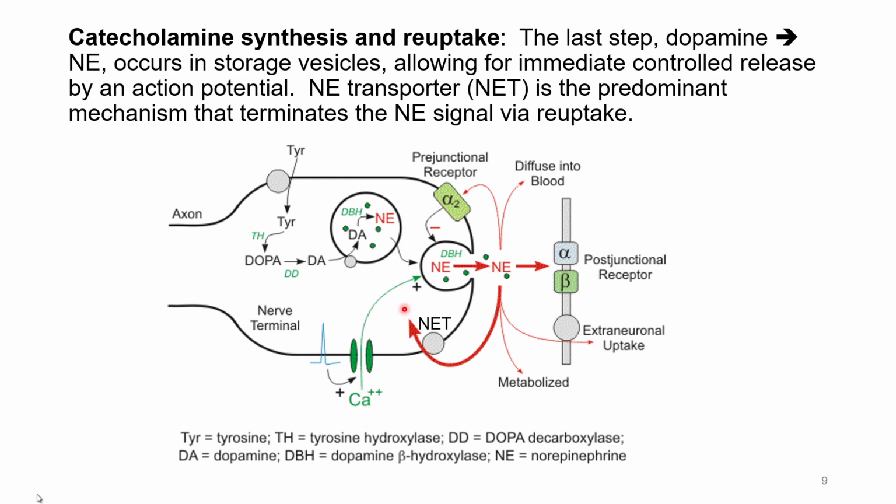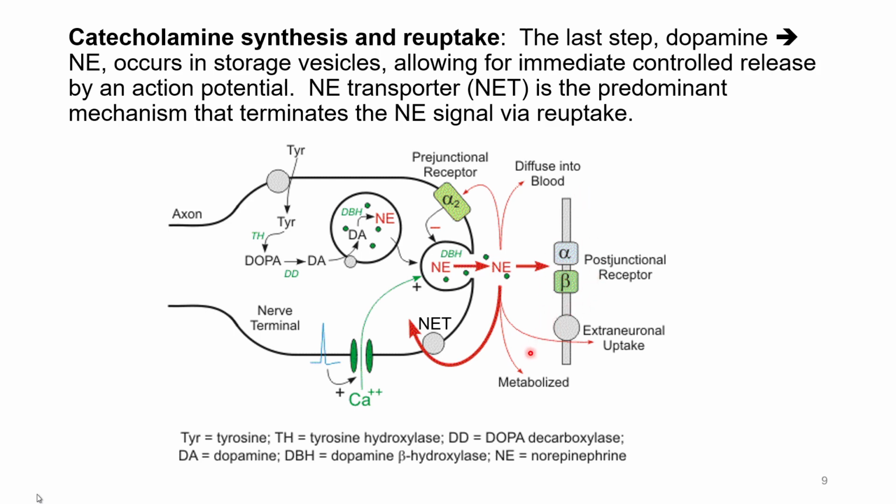This influx of calcium ions is going to then stimulate the exocytosis of the secretory granules and the release of norepinephrine into the synaptic cleft, where that norepinephrine can diffuse across the synapse, and it can bind to post-junctional receptors, alpha or beta adrenergic receptors that will be tissue specific. So depending on the tissue, that will dictate the types of receptors that are there.